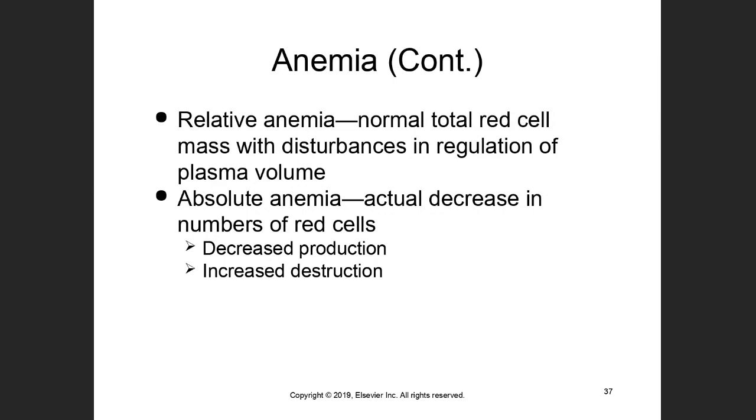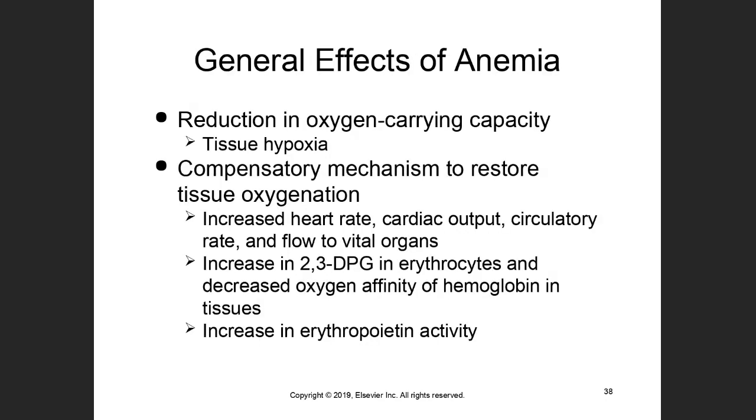The problem is that they have an overload of fluid. Okay, they have a lot of volume, and because they have a lot of volume, you have anemia. That's not relative anemia, that's dilution anemia.